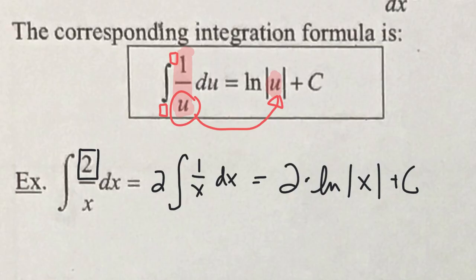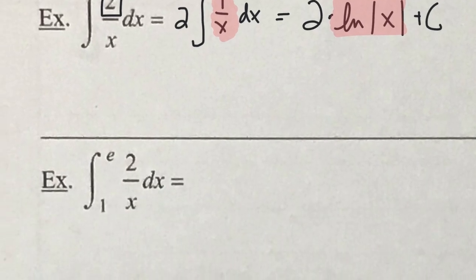Okay, so as long as you recognize the 1 over x, right, the antiderivative is the natural log of that thing. Okay? Right, so first time ever. Great job taking the integral of a natural log function.